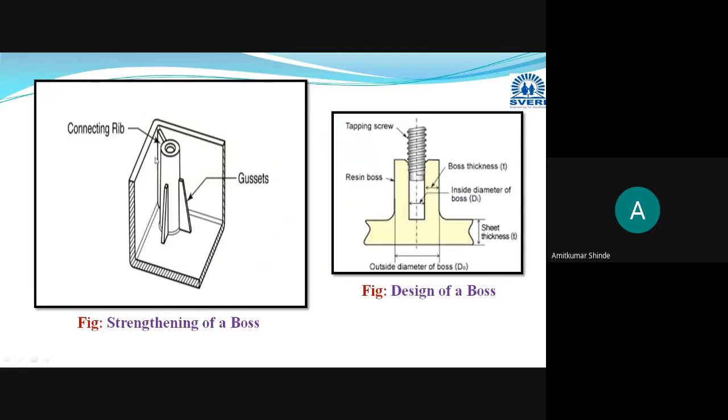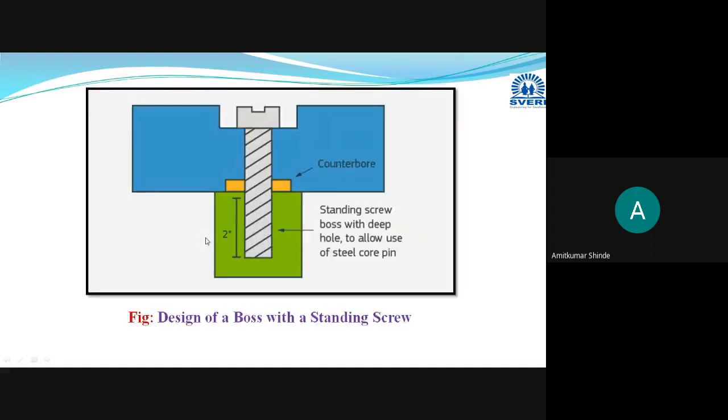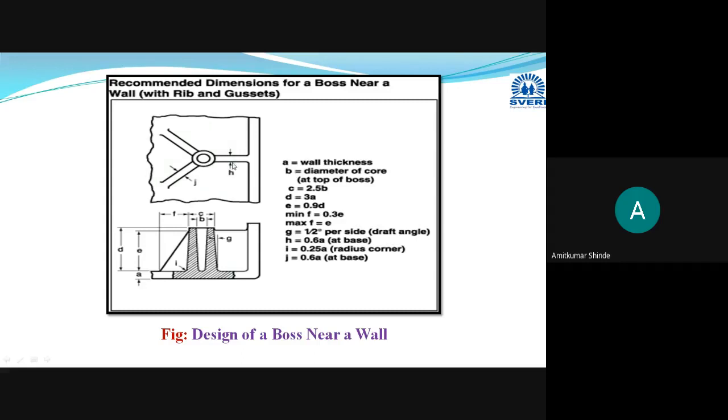Here you can see this diagram. On this side a rib and on these two sides gussets are provided, as it is near to the wall: one rib and two gussets.